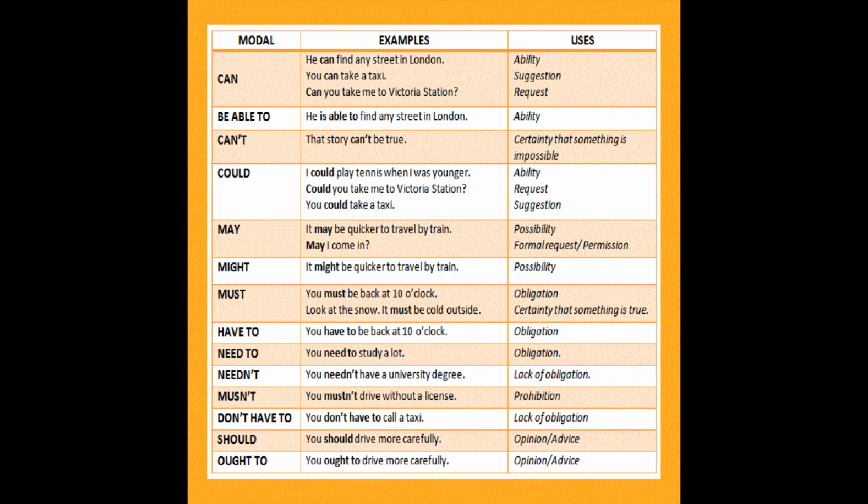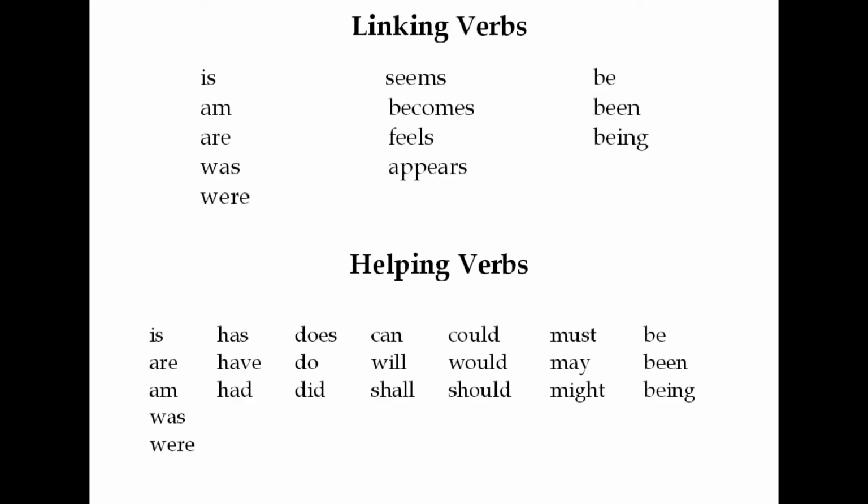Now in the beginning I told you about linking verbs and helping verbs. So now you're going to see what are the linking verbs and what are the helping verbs. Is, am, are, was, were, seems, becomes, feels, appears, be, been. Have been to Chennai. I'm being called regularly.